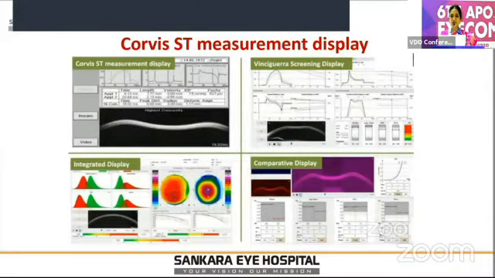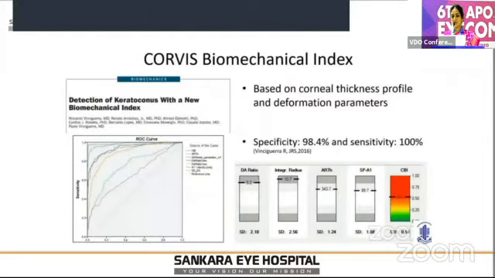The Corvis ST measurement has 4 displays: the Vinci screening display, integrated display, and the comparative display. Overall, I'll just be talking about the practical indices which we have to take into account.